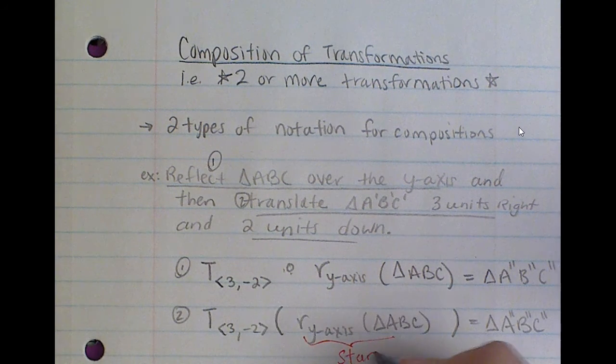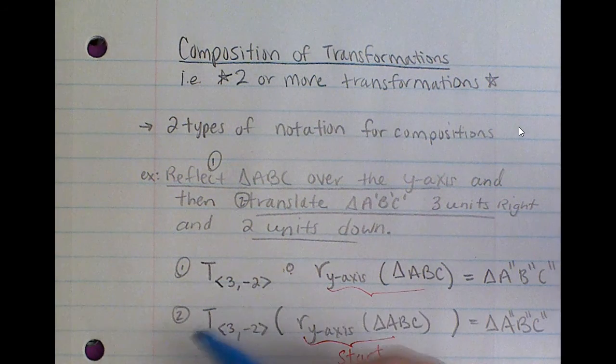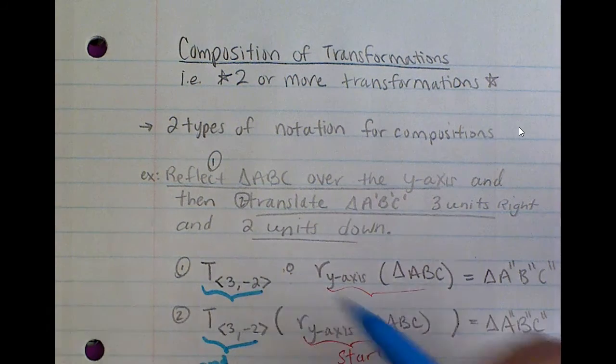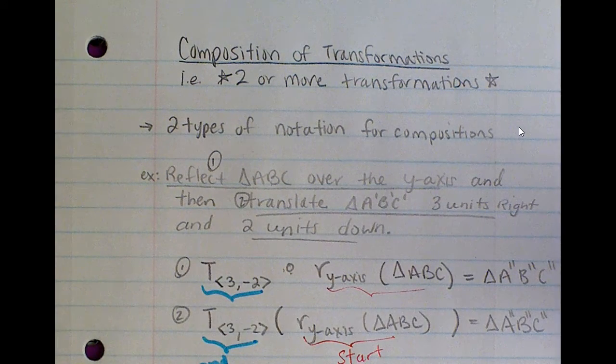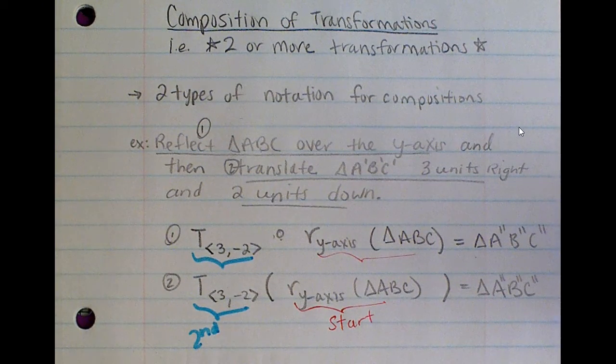Start here. And then second transformation would be here. Okay. So those are the two ways that you can use the notation to explain composition of transformations instead of having to write out this big long sentence.